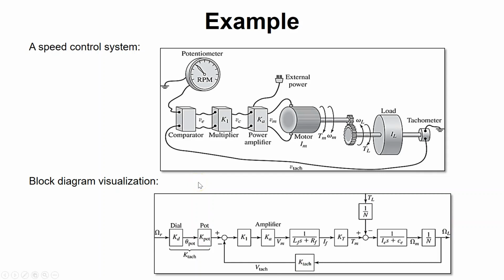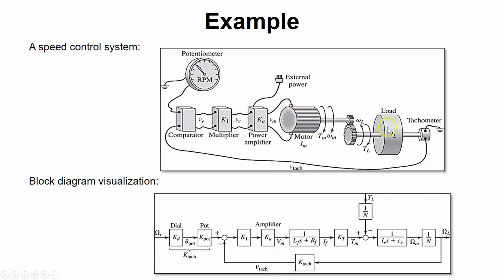Okay, it's more complicated than that, and I don't really know how much you guys remember from electric circuits, but we'll go more through this as we go further through this course. But you can see that the behavior of each one of these physical elements is shown here. Whether you're subtracting something in the comparator, whether you're multiplying, you show it by a constant gain.